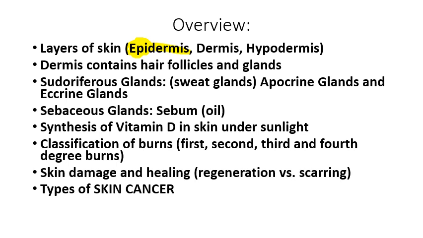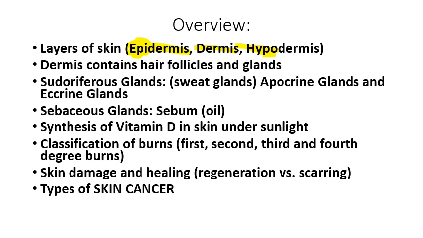Okay, so the epidermis is the top layer of skin. Then we have the dermis, and then you're probably familiar with the word hypo. The word hypo means less than or underneath. So the hypodermis is the area underneath the dermis. Okay, so the 3 layers of skin, starting from the outside going inward: epidermis, dermis, and hypodermis.